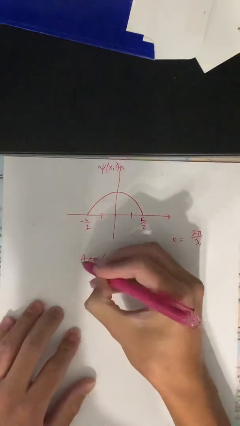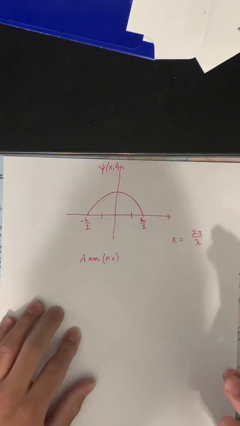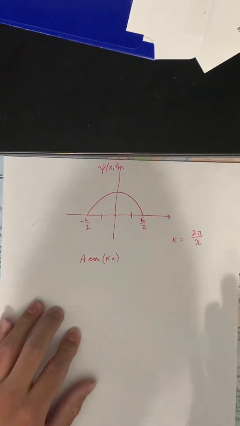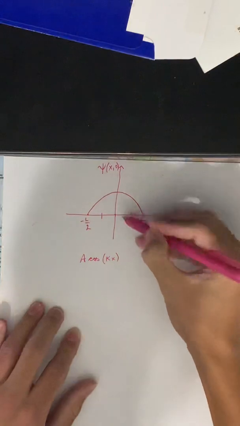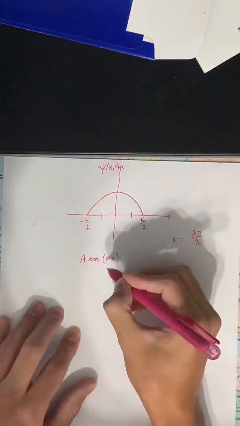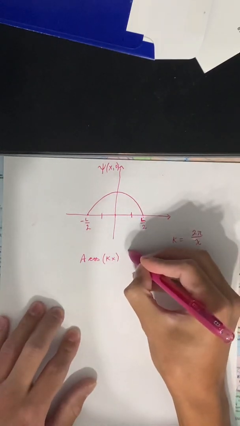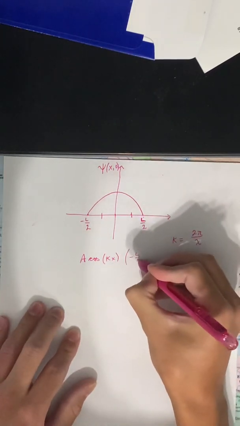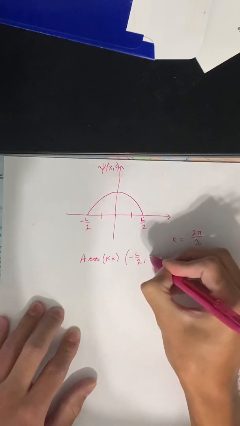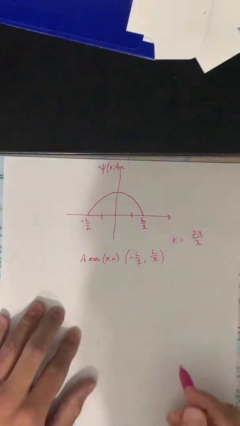A is the normalization constant that we need in order to figure out and fully write out and know what the cosine function is that we're describing with this graph. But all we know is that this is the wave function that we saw in this graph from the values where position is from negative L over 2 to positive L over 2, right?